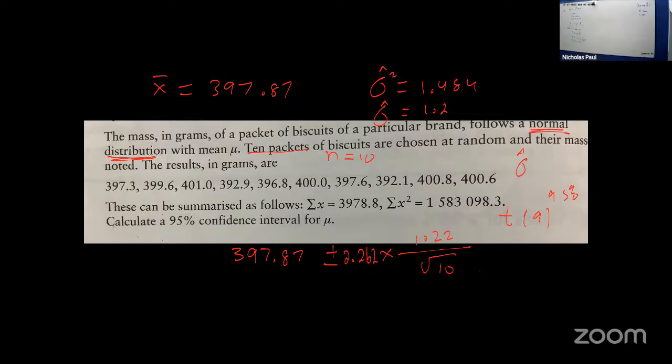And when you use that, your boundaries are 395.6 and 400.3. Those are your two boundaries. Anybody still not getting the 1.22? Oh wait, no, sorry, this is wrong. This is using their value, sorry.